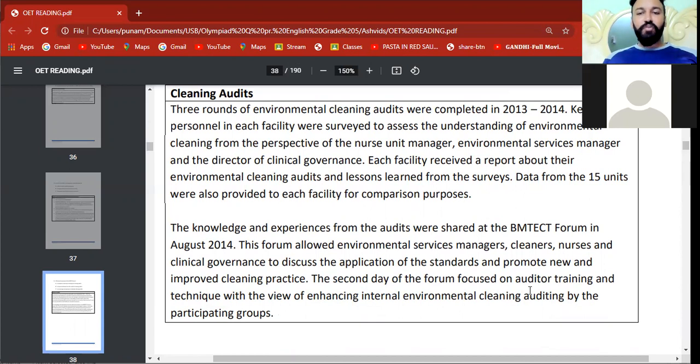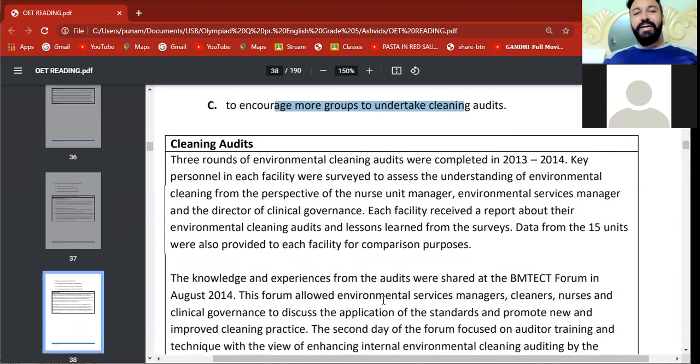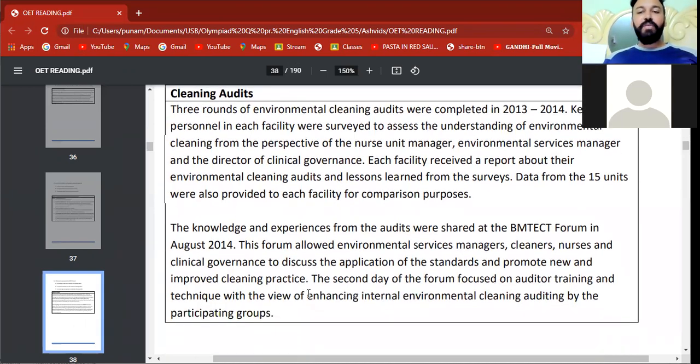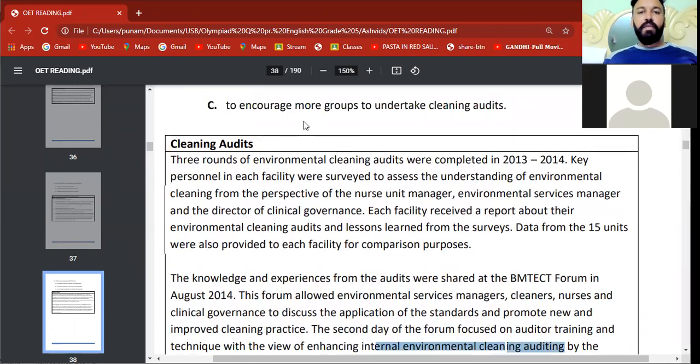The second day of the forum was about auditor training and technique with the view of enhancing internal environmental cleaning auditing by the participants. This is talking about enhancing what? Enhancing the internal environment cleaning audit. Okay, encourage more groups to undertake the cleaning audits. Is it the same?